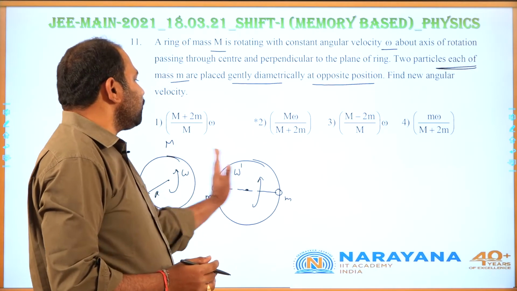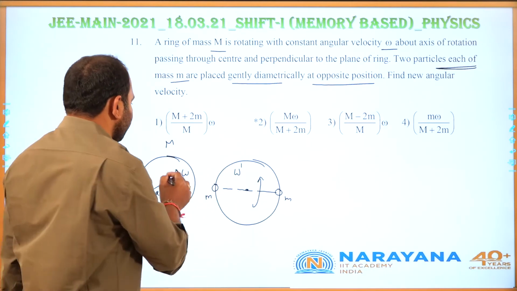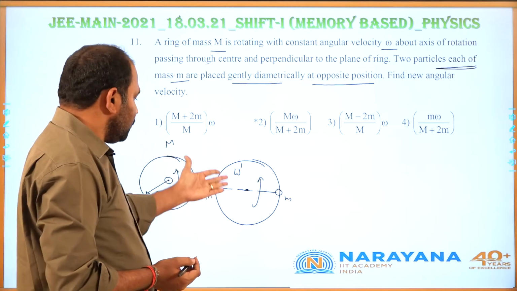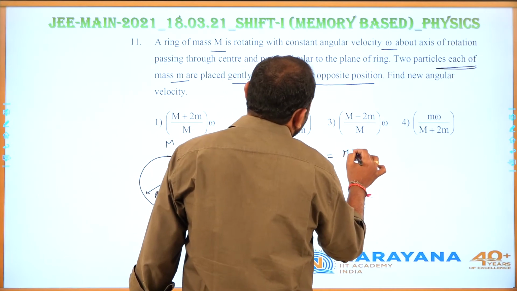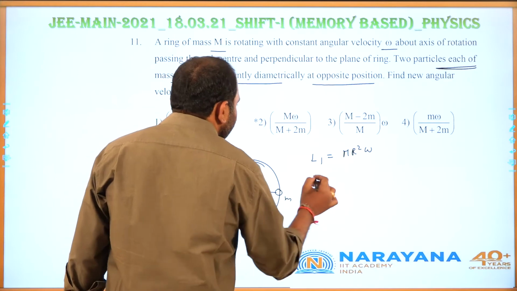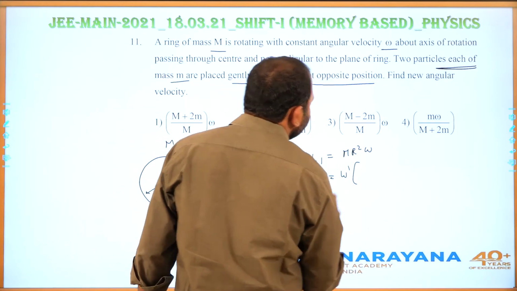The angular momentum of the system is conserved here, as there is no external torque acting about the axis of rotation, which is passing through the center of mass and perpendicular to the plane. Now the initial angular momentum of the system is simply M r square omega. In the second case, the angular momentum of the system is omega prime into the new moment of inertia.